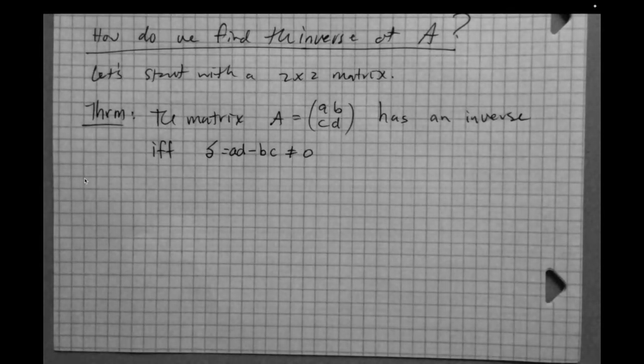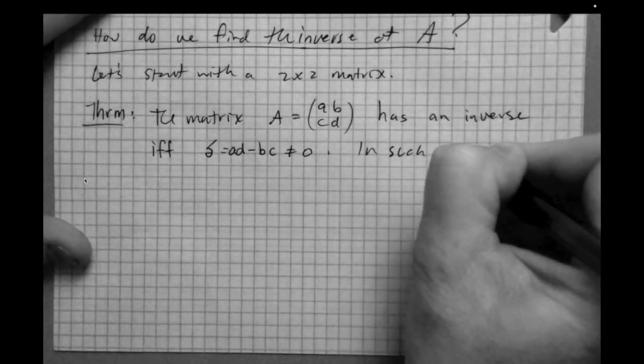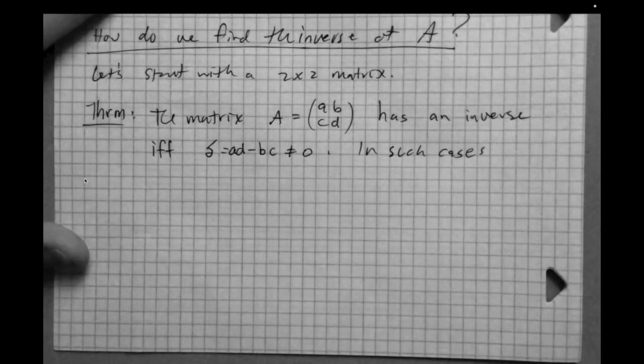Okay, so the matrix A has an inverse if and only if this AD minus BC is not equal to 0.